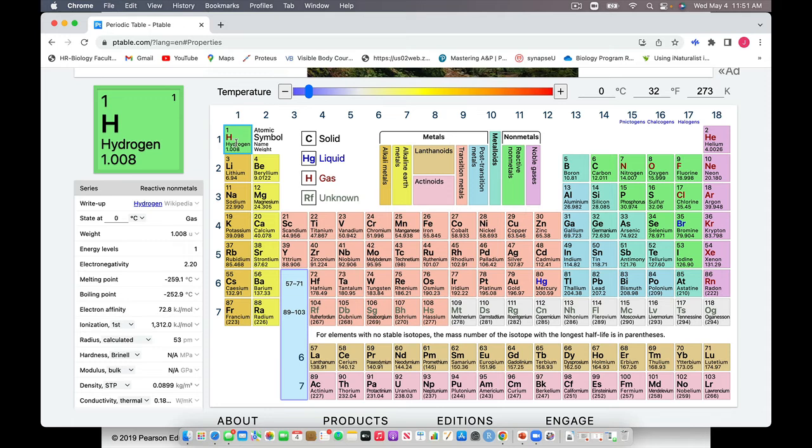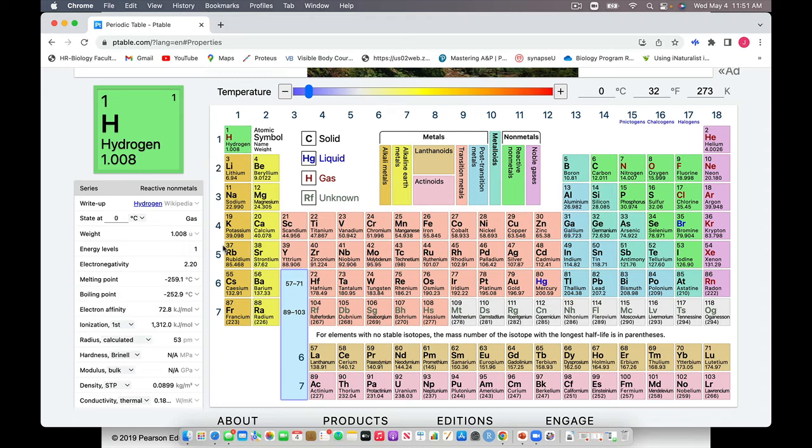And so in this particular periodic table, it shows us the number of electrons in the outermost shell. And so we can see with hydrogen it's 1, with helium it's 2. So I'm looking at this little number right up here in the corner.